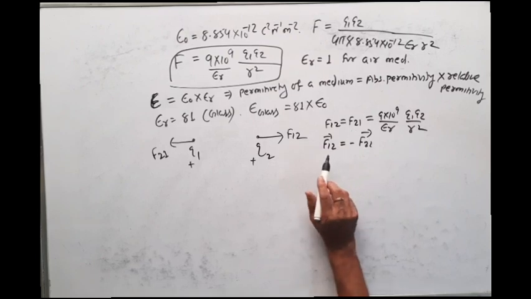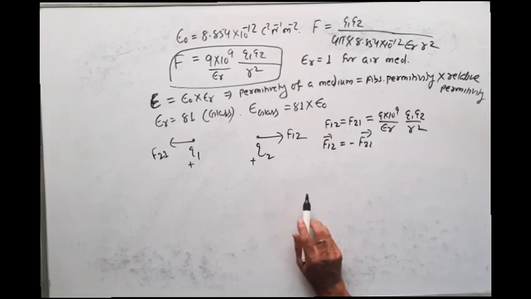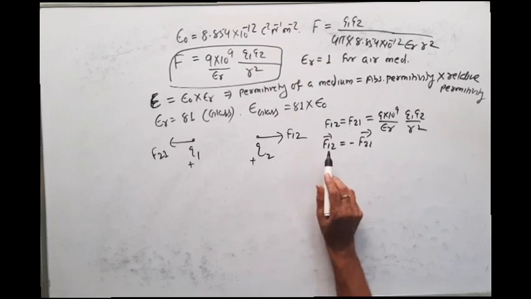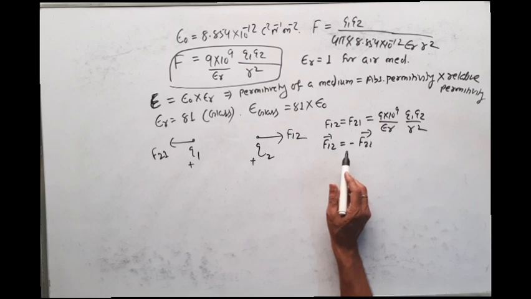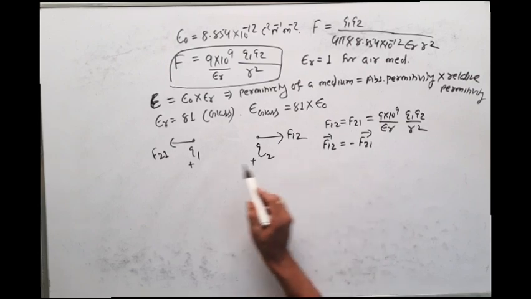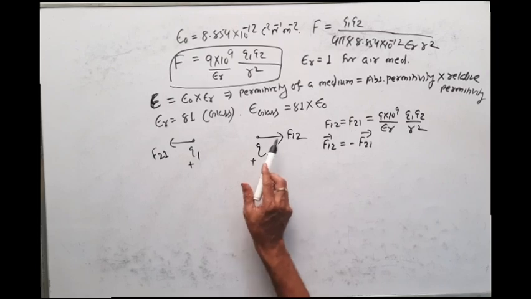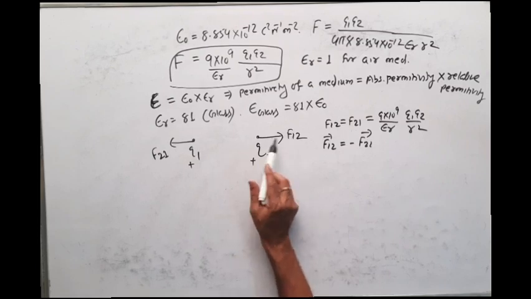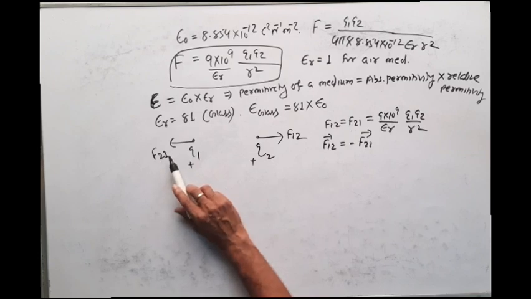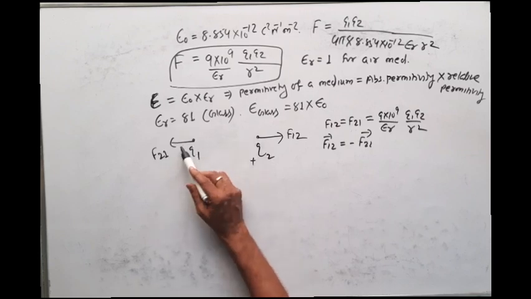We know, according to Newton's third law, every action has an equal and opposite reaction, and action and reaction never act on the same body; their magnitude is equal and direction is opposite. Here F12 is the force on Q2 by Q1, and F21 is the force by Q2 on Q1.